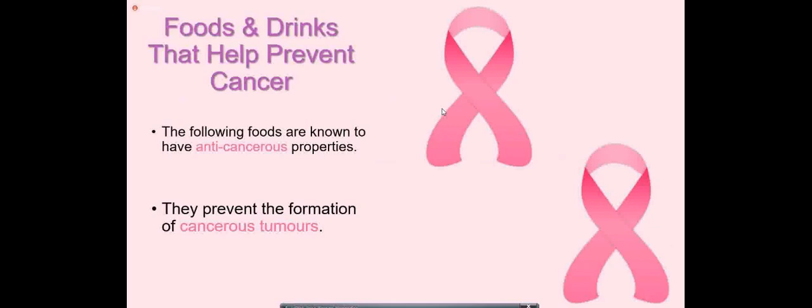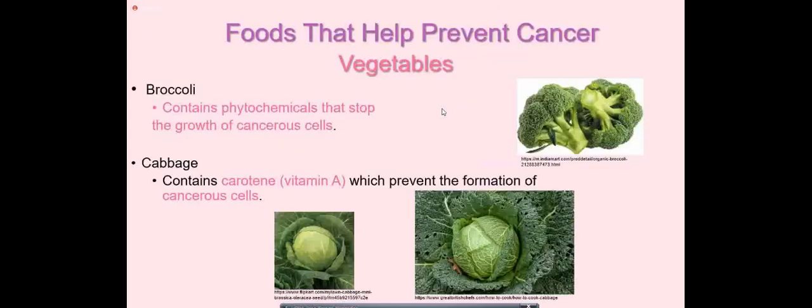So in this section, we are going to look at some of the food and drinks that can help us prevent cancer. Now, the food and drinks that help us in this regard have anti-cancerous properties and they are anti-carcinogenic. And so the first set of food that we have is vegetables.